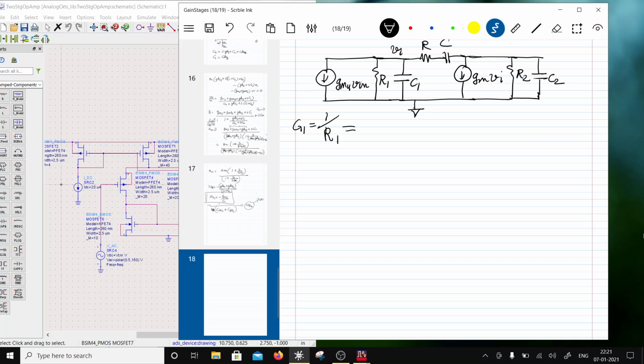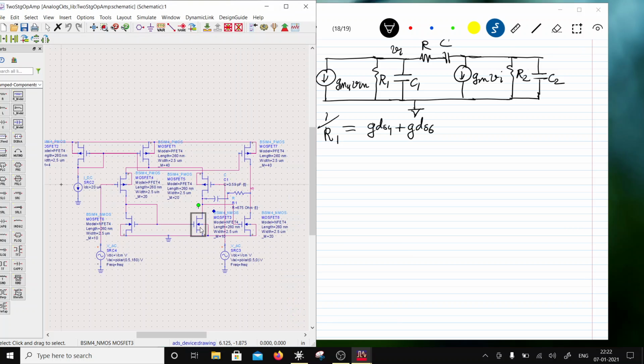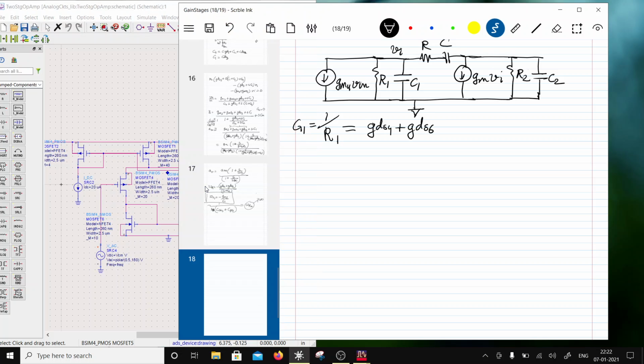So this would be equal to GDS2 plus GDS4 plus GDS6. I'm assuming that this transistor is 6, and this transistor is 4. So GDS4 plus GDS6 is going to be G1, and C1 is going to be CDB4 plus CDB6, right, plus CGS7.